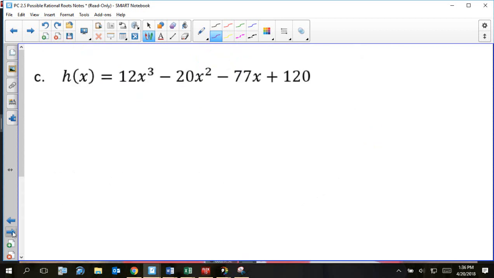So if you want to flip it over and just do this P over Q thing on the back of your paper, our P values are coming from 120, and our Q values are coming from 12. I did my Q values first just because they're smaller. I'll do my P value.